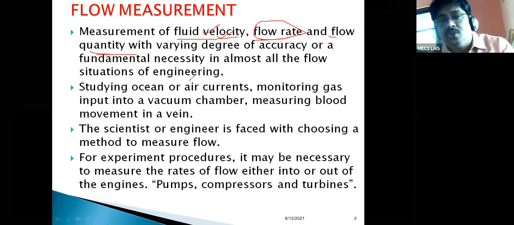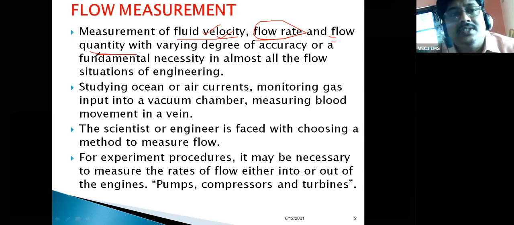Q is equal to AV, where what is Q? Q is discharge, A is nothing but area, and V is nothing but velocity. So see what I said to you.